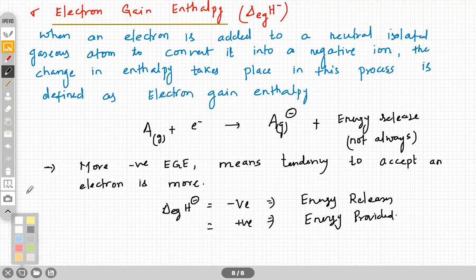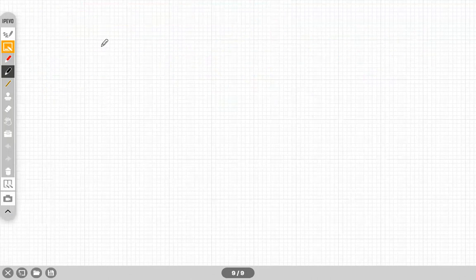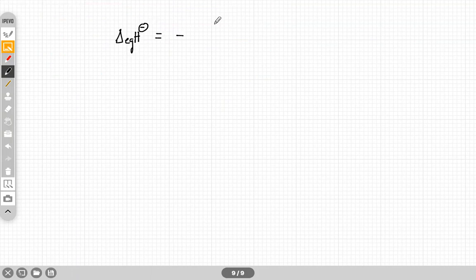The relation of this, you write down the next thing. The electron gain enthalpy delta Eg H is equal to minus of Ea, electron affinity, minus 5 by 2 RT. This is the relation we have.